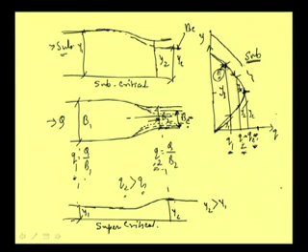Let me draw this depth discharge diagram. That is because we are reducing the depth further. So, this energy level will be increasing from E to say E1, and E1 is higher than E.